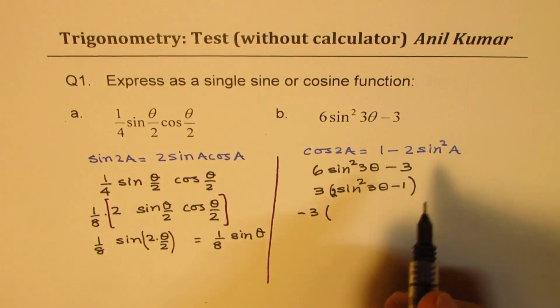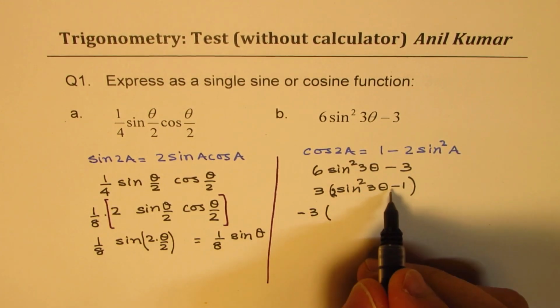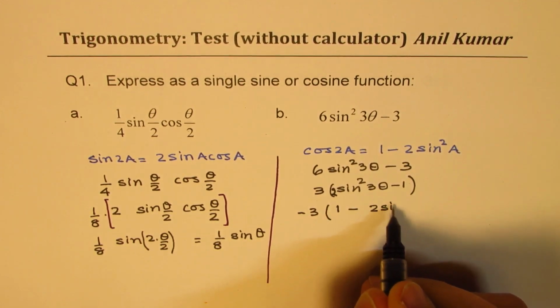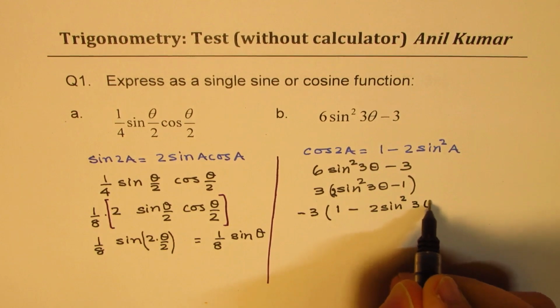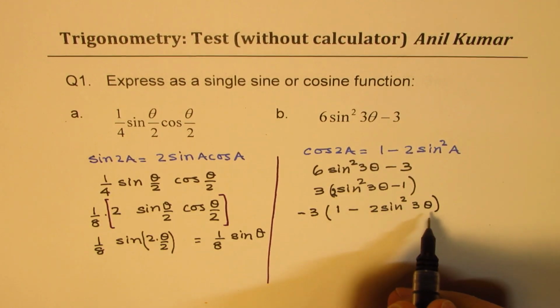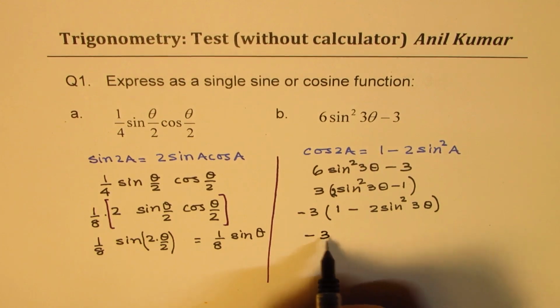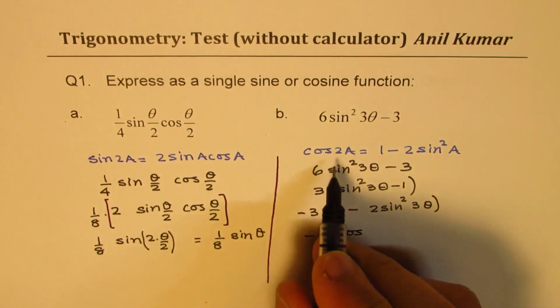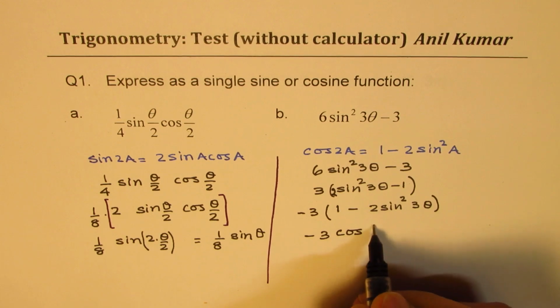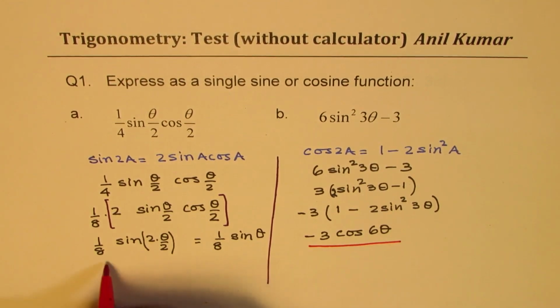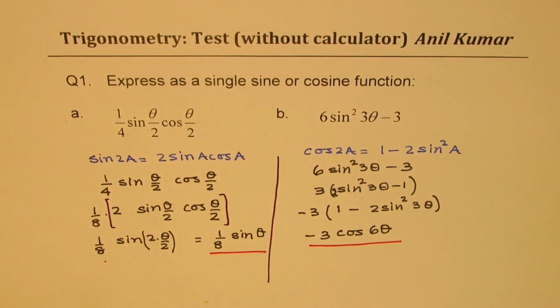Correct? So we get minus. I've taken common. So I could write this as 1 minus 2 sine square 3 theta. Correct? Now if you match, you can write this as minus 3 cos of twice this angle, which is 6 theta. So that is how you are going to solve the first question. Straightforward, direct application of a formula, right? So that is the result.